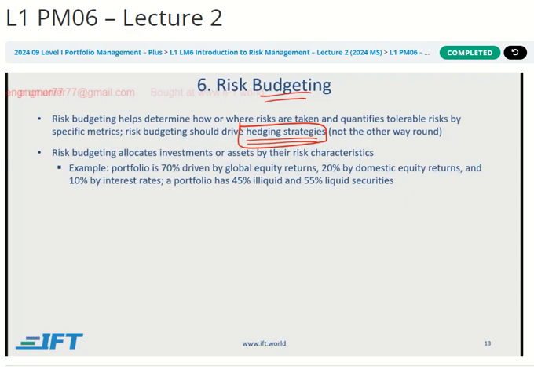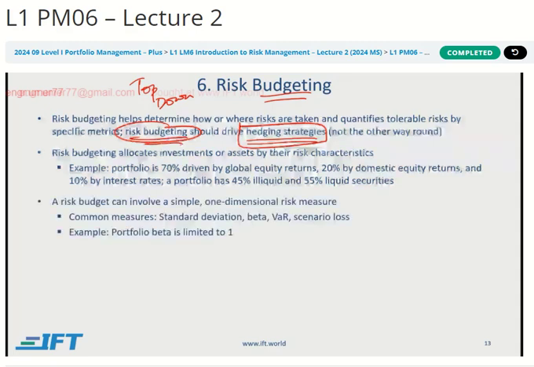It's not the other way around. You have to remember that this process flows top down: based on my internal and external situation and my dynamic ability and agility to respond, I decide how much risk tolerance I want to keep. And then based on that, I'll develop my risk budget.